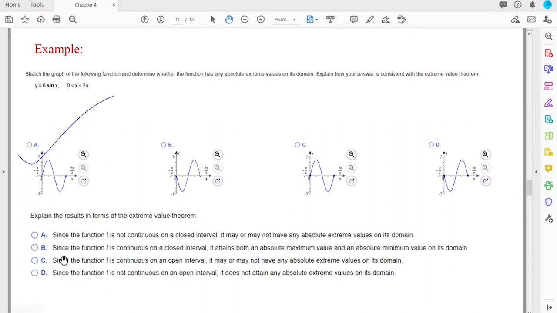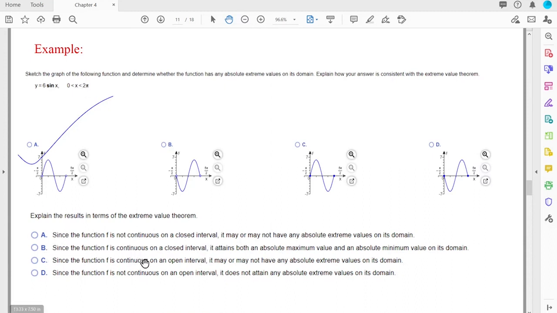So let's read the options we have. Since the function is not continuous: that's not a true statement because this function is continuous. There is no gap, there is no jump. So that statement is not true. Let's go to the next one. Since the function f is continuous on a closed interval: but that is not a closed interval, that's an open interval. So let's go to the next option.